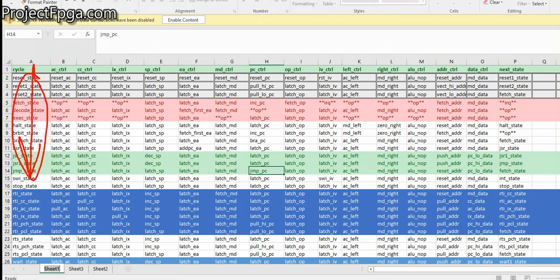It goes from one state to another, from reset 1, you can see it goes from reset to reset 1 to reset 2 to fetch, to decode, to execute, alt, BR bit, branch, line by line, and so on and so forth.